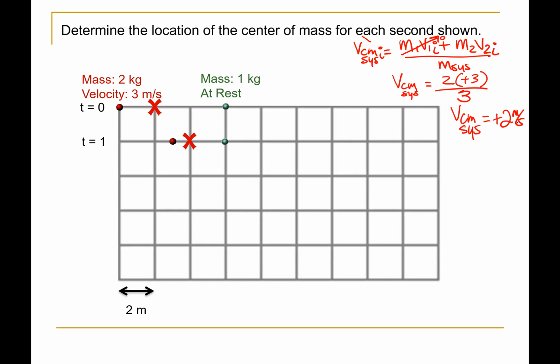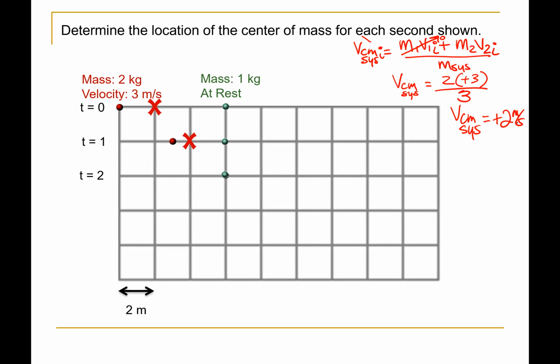In another second, what happens? Our red moves another 3 meters, but wait, where did it go? What happens at our 2 seconds? This is where the center of mass for red ball overlaps with the center of mass for the green ball.